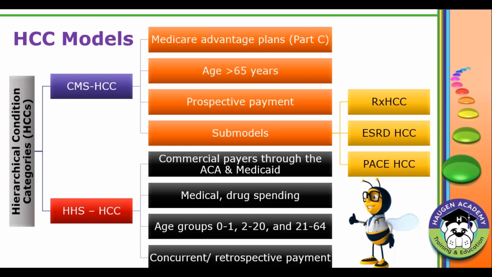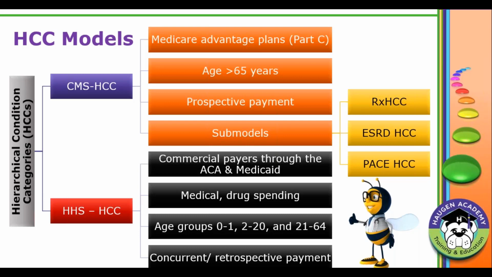Now, the HHS HCCs were developed for use by commercial payers for any age group, specifically under the Affordable Care Act, and we also see some state Medicaid programs using this as well.